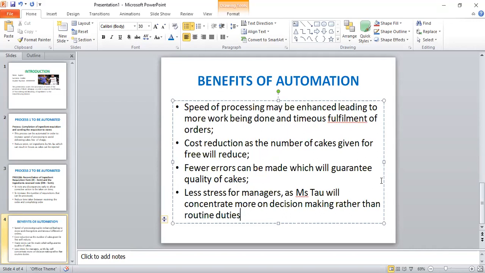I think we talked about the benefits, but remember, they said that these benefits that you are going to be talking about, you should link them to the scenario that we have. So we should not generalize whatever we are going to be doing there. Any questions before I proceed? No. No questions. Right. Then the last part.